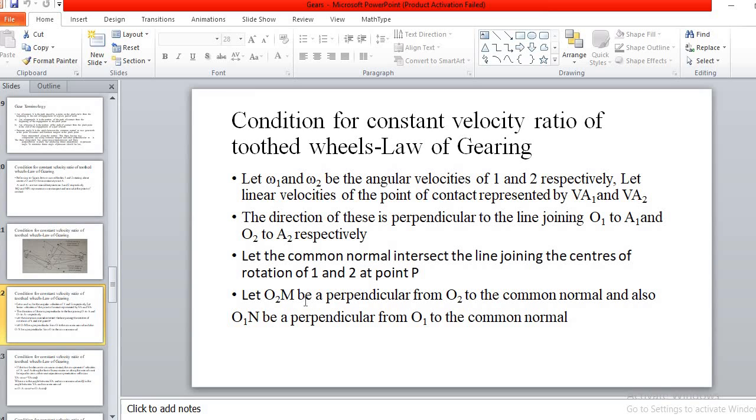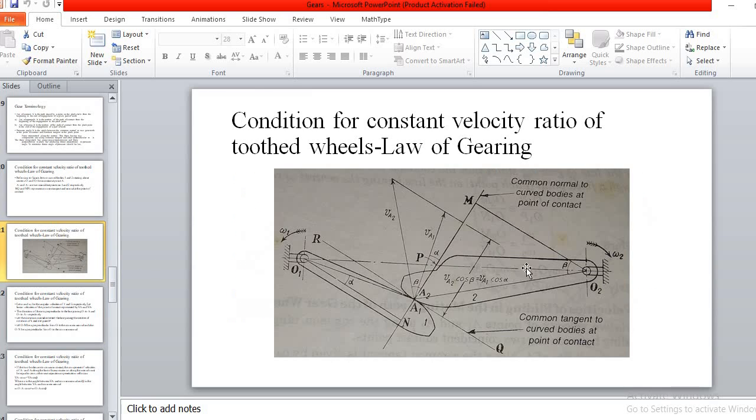Now again we draw a line O2M perpendicular to the common normal. O2M passes through the center of the second rotating body and is perpendicular to the common normal. Also O1N is perpendicular to the common normal MN.